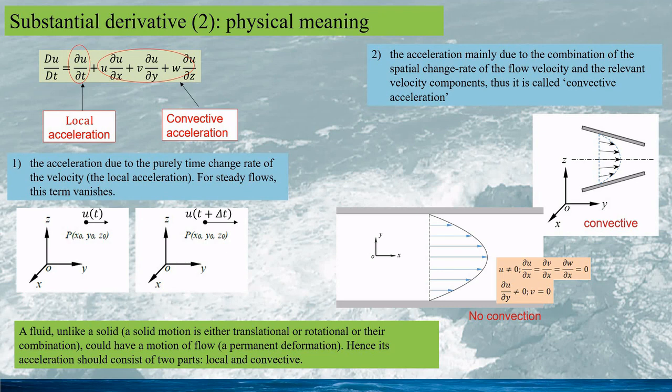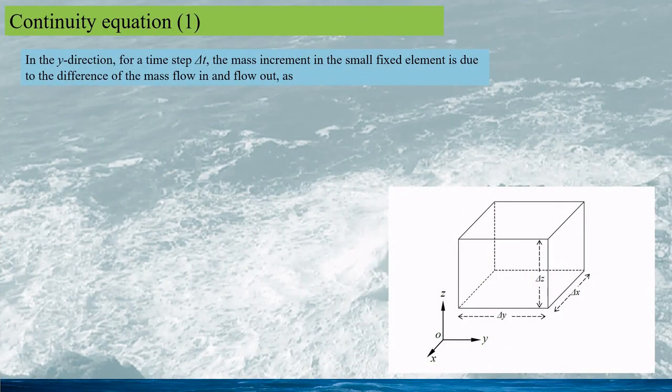And it is the fluid flowing which causes the convective acceleration. For fluid dynamics, the continuity equation is part of the fluid dynamics equations, either the Euler equation or the Navier-Stokes equation. Hence, it will be derived here first.